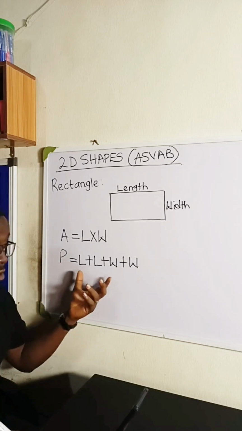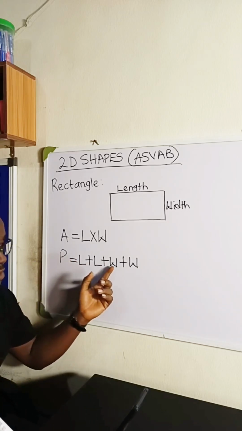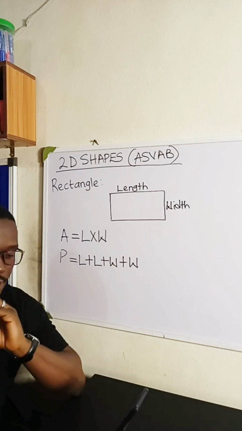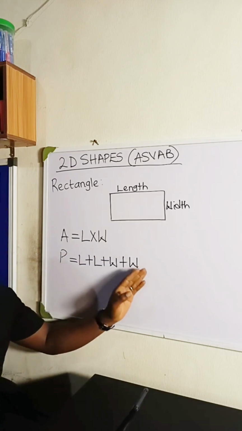Okay, so the perimeter of a rectangle is length plus length plus width plus width, because we are adding all the sides of the rectangle.